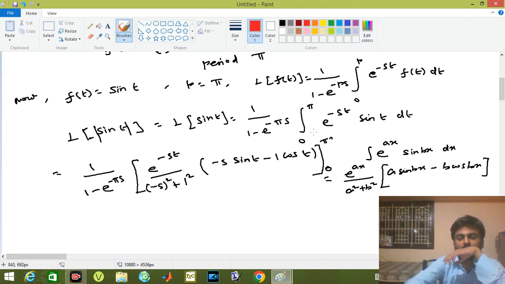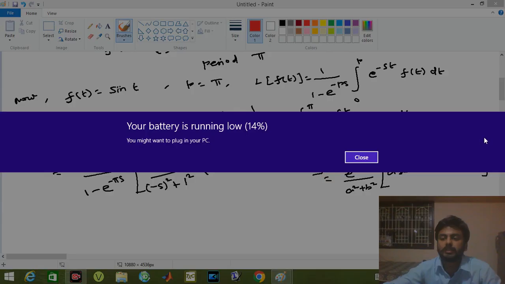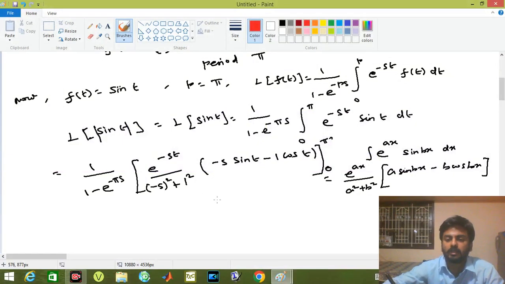So this is the formula we have used now. By using this formula, we arrived at the above expression.